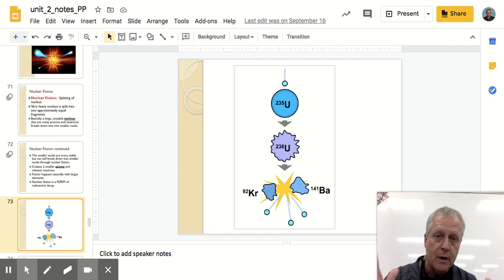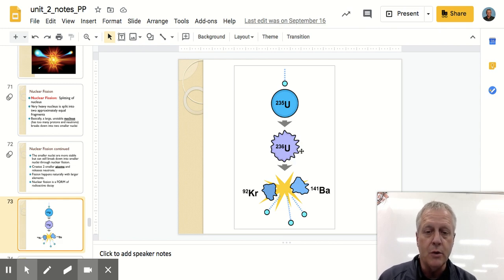So when engineers figured out that they could bombard atoms that are heavy isotope elements like uranium 235 with a neutron, which is neutral, and it would enter the nucleus, then it changes to a very, very unstable isotope, which then splits.